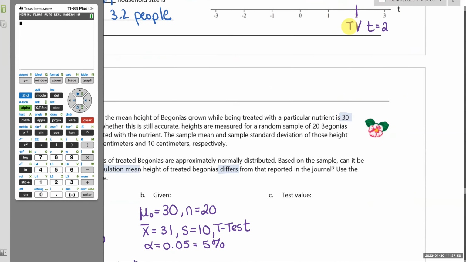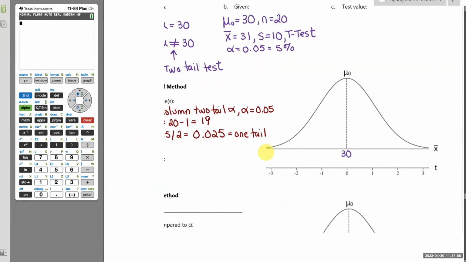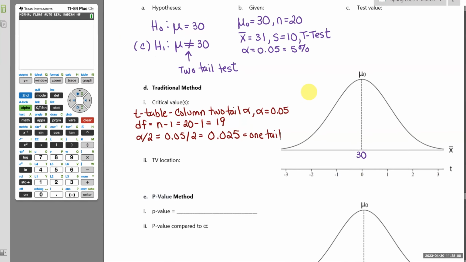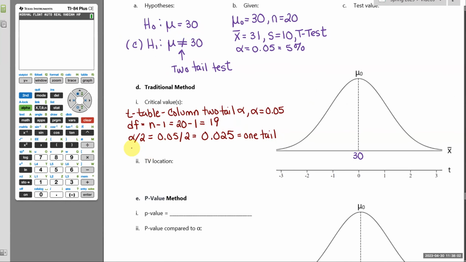So let me go ahead, so I don't have to flip over to a table right now. Let's find our critical value, and I should say plural here, critical values. So t equals plus minus, but you can find at least one of them by doing inverse t, your alpha over 2, degrees of freedom.